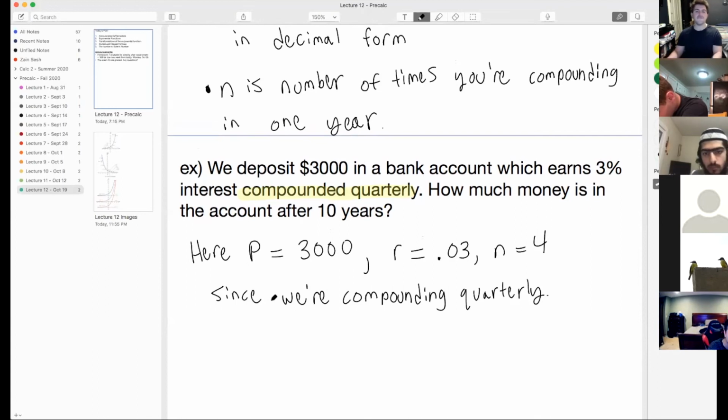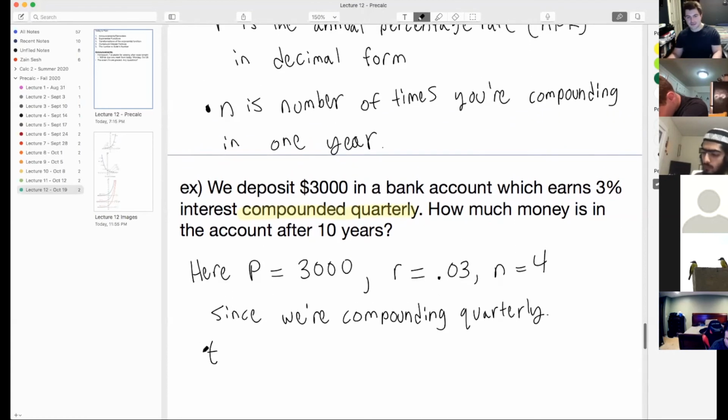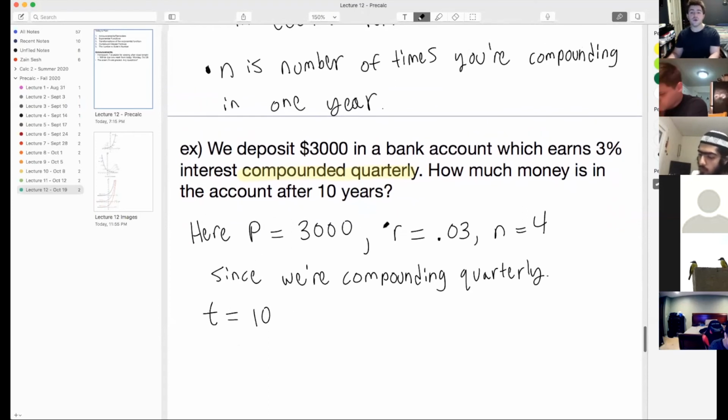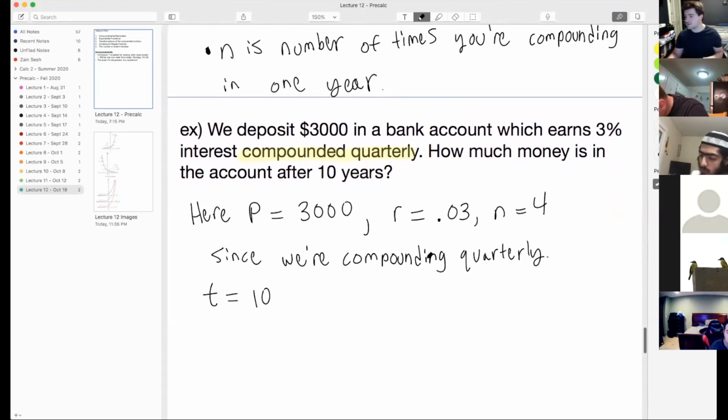And finally, T. T is how much time we would like to pass and see how much money is in the account after that time. So T will be 10, because we're looking for how much money is in this account after 10 years.